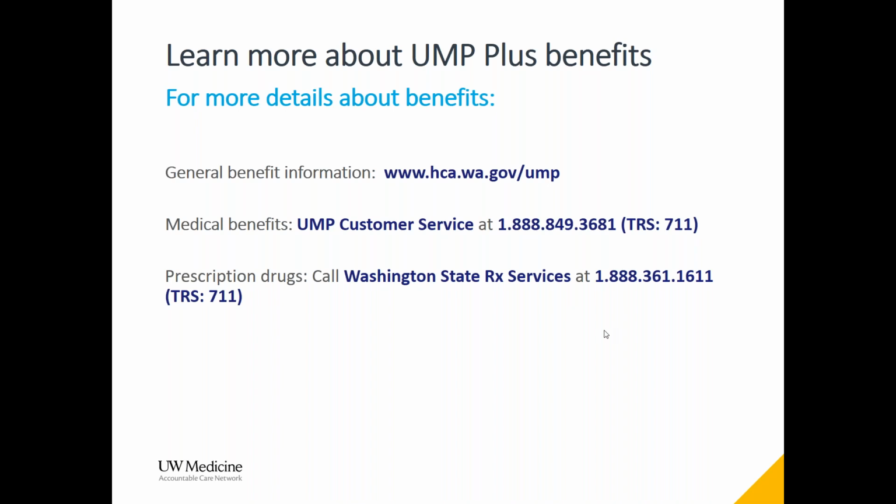And I might have to do this 2 or 3 times a year, just to make sure from the UW network that the provider is in UMP Plus. What I'm saying is sometimes the providers aren't fully aware of all the UMP options.